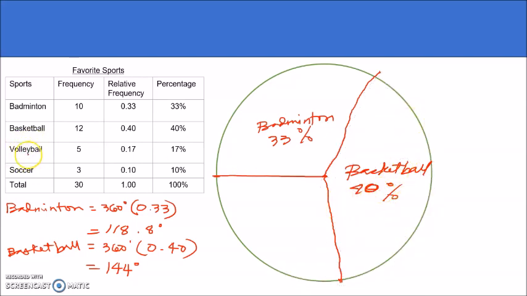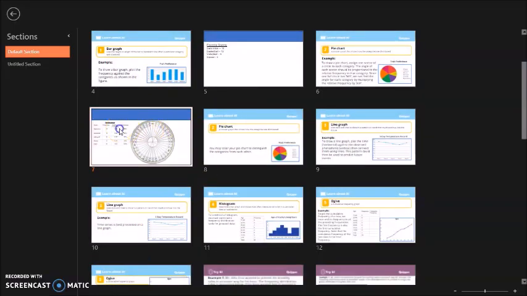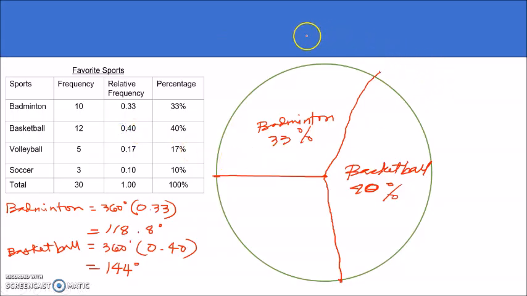Now, we have volleyball. Okay? Sa volleyball naman, okay, volleyball, dito na lang. Okay, scratch paper ito. Volleyball, so we have 360 degrees times yung relative frequency niya is 0.17. Multiplying that, 360 times 0.17, that is equal to 61.2.